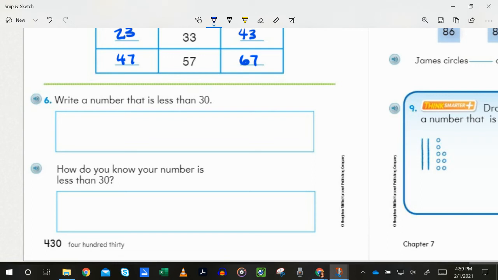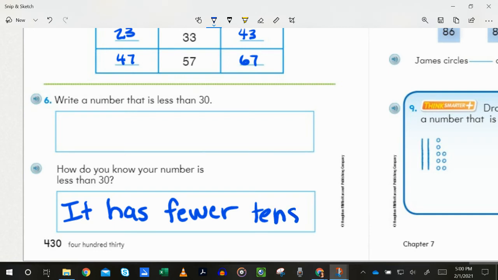And how do you know your number is less than 30? The easiest thing to know by is that it has fewer tens. And so that is what I'm going to write. If you wrote something else, I will be looking forward to seeing what your answers were. And we'll see if your thinking works.